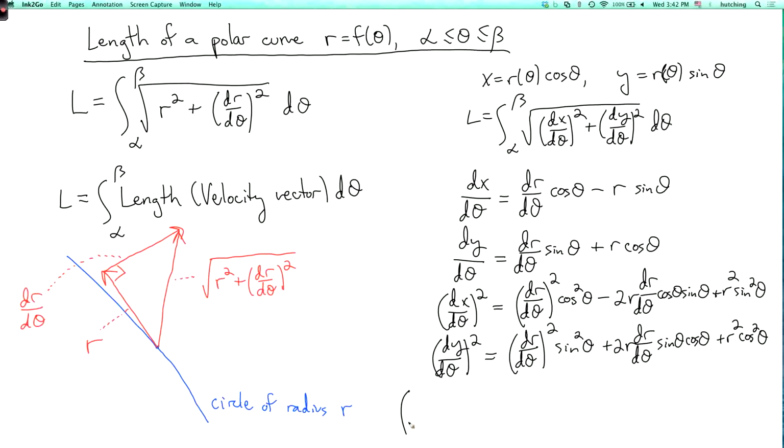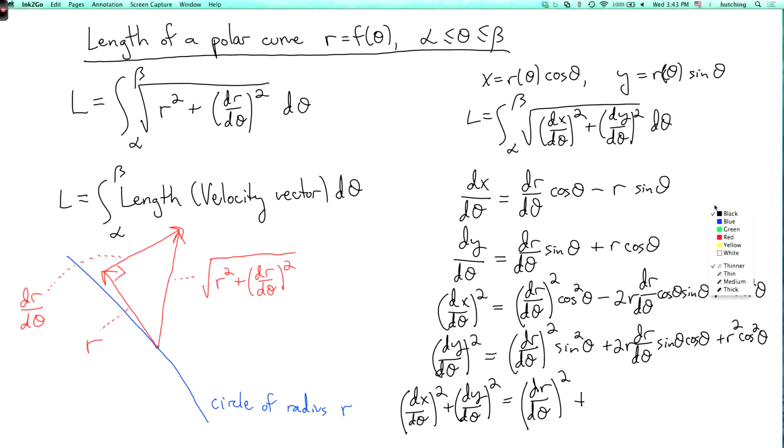So when I add these up, I get (dx/d theta) squared plus (dy/d theta) squared equals, adding up these first terms, since cosine squared plus sine squared equals 1, I get (dr/d theta) squared. And adding up these two terms, well, they cancel. So let me cross them out with my red canceling pen.